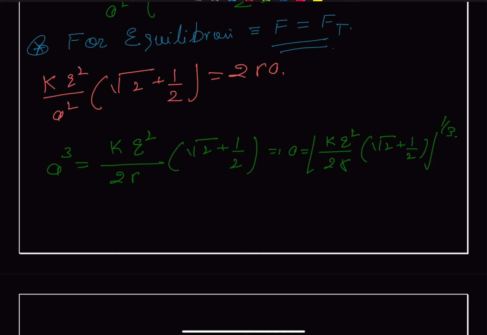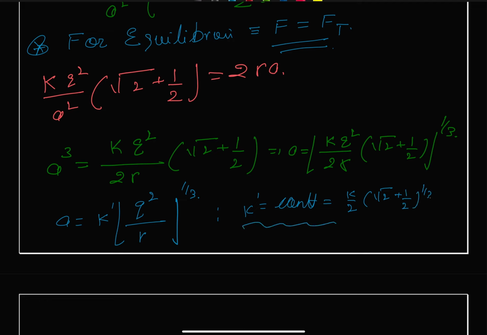And we can write this as A is equal to K prime, Q square upon gamma, whole raised to power 1 by 3. Here K prime is a constant, and the value of the constant is K by 2 times square root of 2 plus 1 by 2, whole raised to power 1 by 3, because this value is entirely constant.